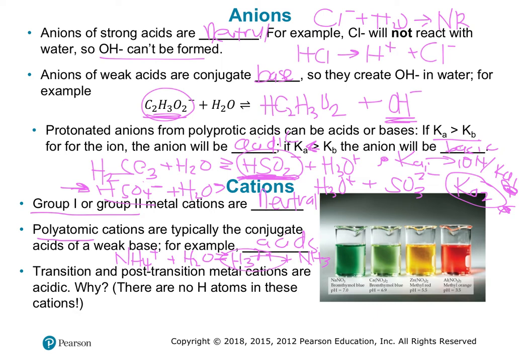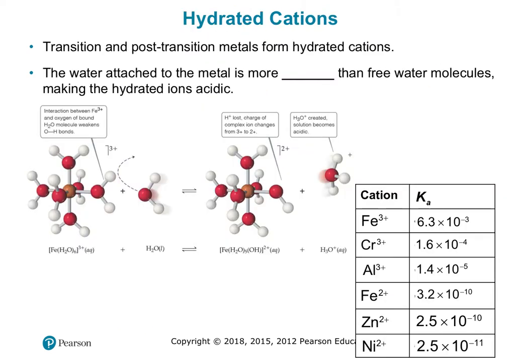And then our transition metals and post-transition metals, the D block and the F block, those are going to be acidic. And that doesn't really make sense. Why would they be acidic? So let's talk about it.